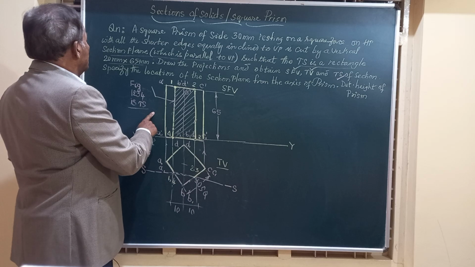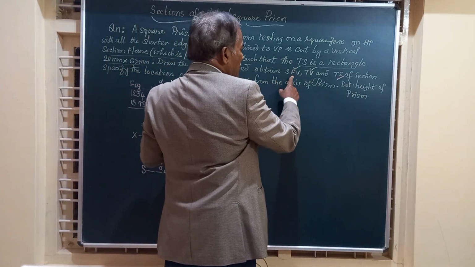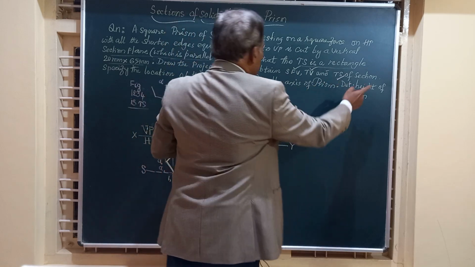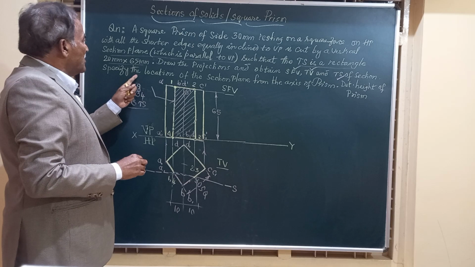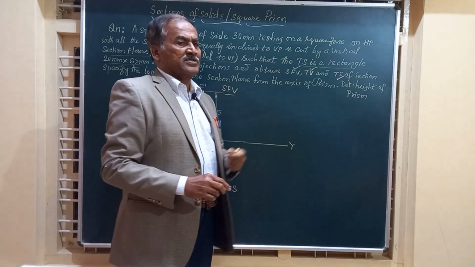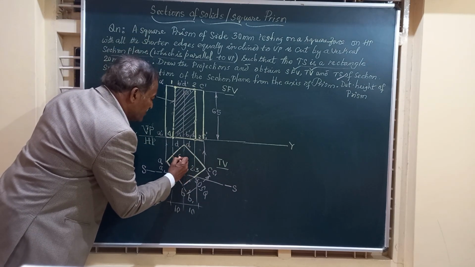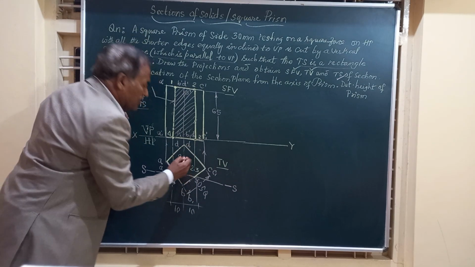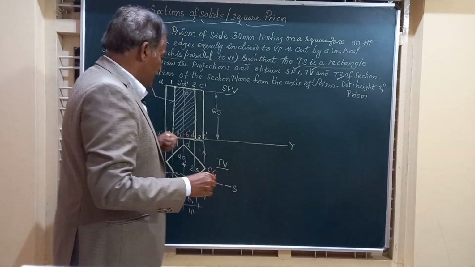If you want, you can just name it. Draw the projections and obtain the sectional front view. We have got the top view. We have got the true shape of section. And he says, specify the location of the section plane from the axis of prism. Friends, the axis of prism is this point, which you call O, O1. O is the center of the top face, O1 is the center of the bottom face.